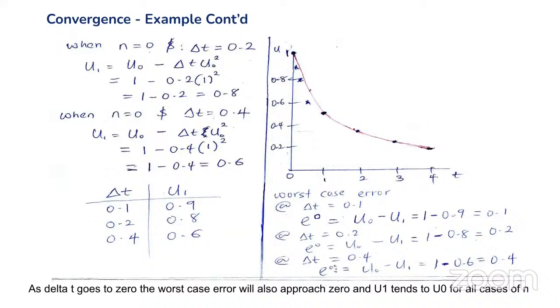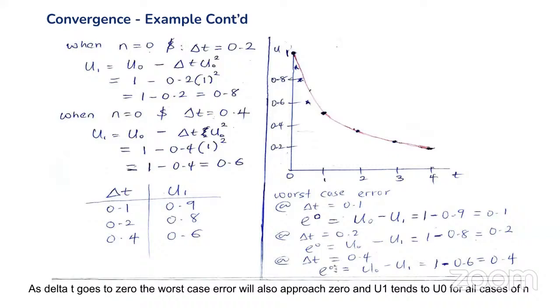When we input these values into the plot, we find that when delta t was 0.4, u1 was 0.6, and when delta t was 0.2, u1 is 0.8 from the curve.